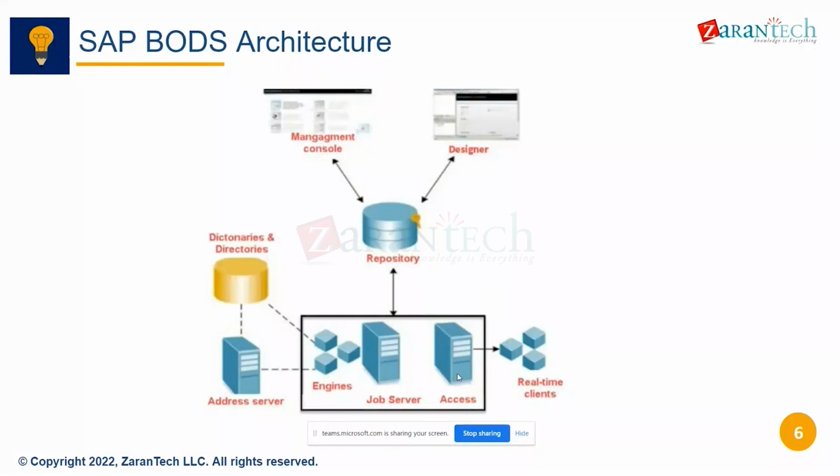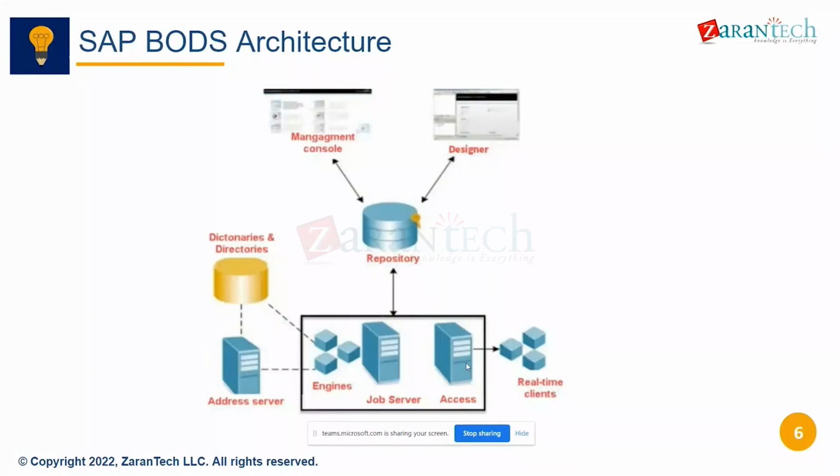And the access server: in SAP there are some systems we cannot connect to directly, like if an MS SQL server was installed on some other machine that we cannot connect to directly through the network. At that time, we make use of ODBC connectivity or something similar, and the access server plays an important role.